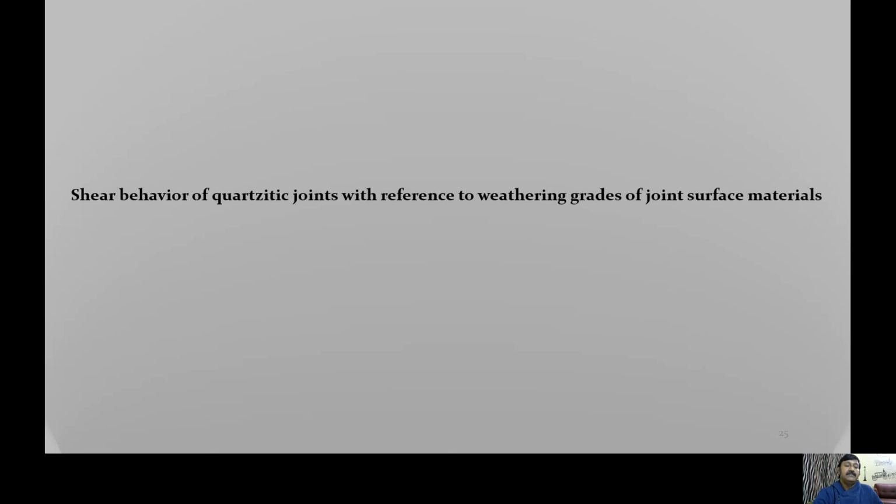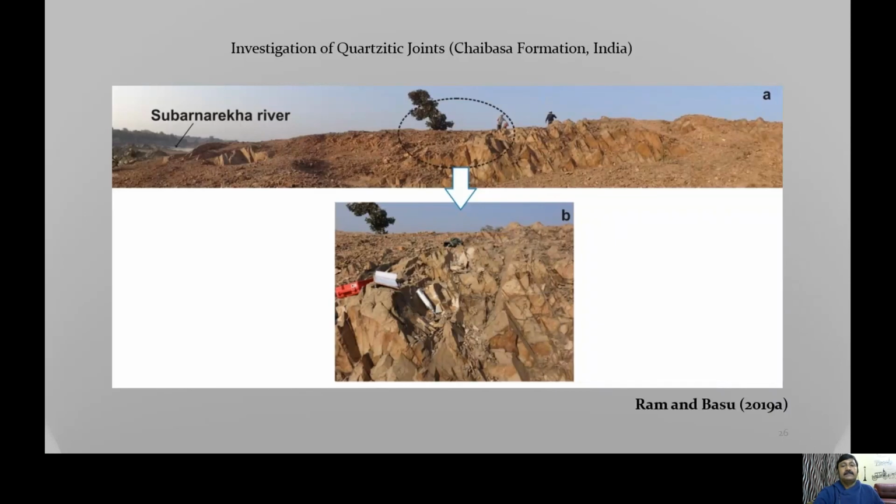To investigate these quartzitic joints, we had another advantage that in case of quartzitic joints, the influence of mineralogy will also be minimum, as quartzite is primarily composed of quartz minerals. So this is the outcrop from where the jointed block samples were collected.